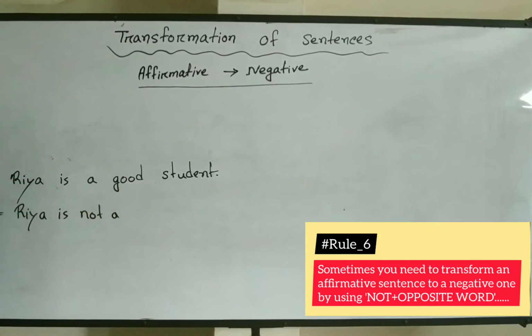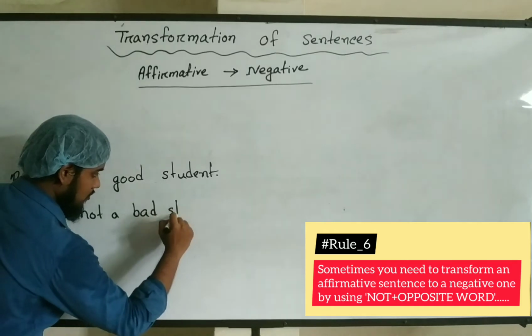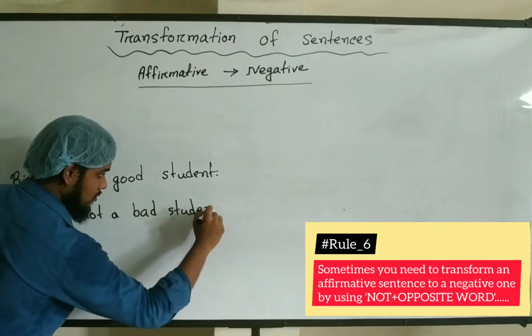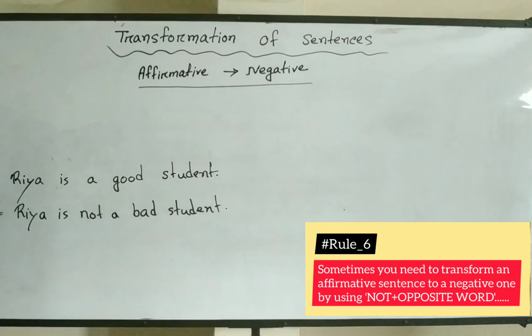You know that Ria is a good student. Ria is not a bad student. You can see that the meaning is still the same.